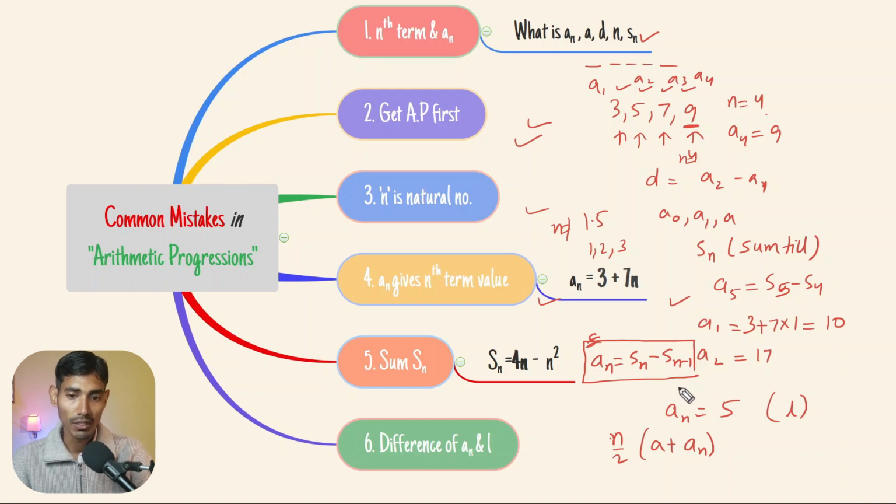The difference of consecutive sums gives the A value. Like if you want to find A4, S4 minus S3. Sixth one is the difference of An and L. It means the same thing; for the sum formula you can use them interchangeably. Okay, so I think that's enough for this video. We'll continue in the next video.